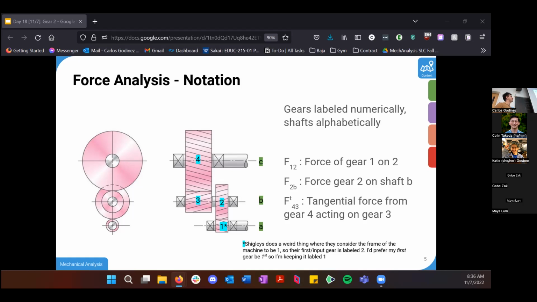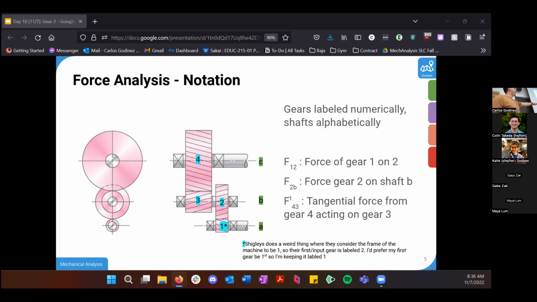F2B is the sum total force of gear 2 on shaft B. And FT43 is the tangential force from gear 4 acting on gear 3. There are a lot of subscripts and superscripts, but once you get that in your head, it's not that difficult to look at.